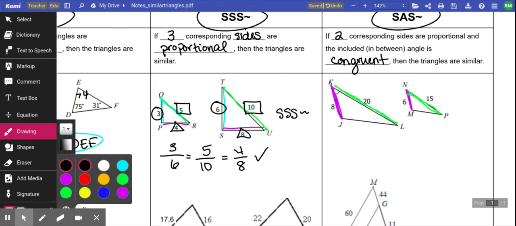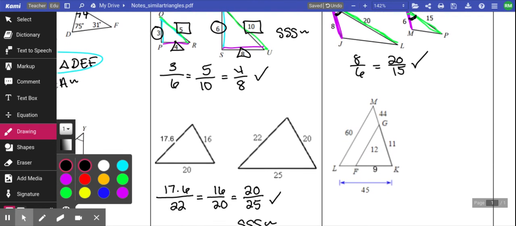And as you can see, it is the included angle. Remember, that's the angle that is formed by the two corresponding sides that we're looking at to see if they're proportional. And then we just need to write it out. So 8/6 and 20/15. Are they equal? They are, so they are proportional, and the included angle is congruent.